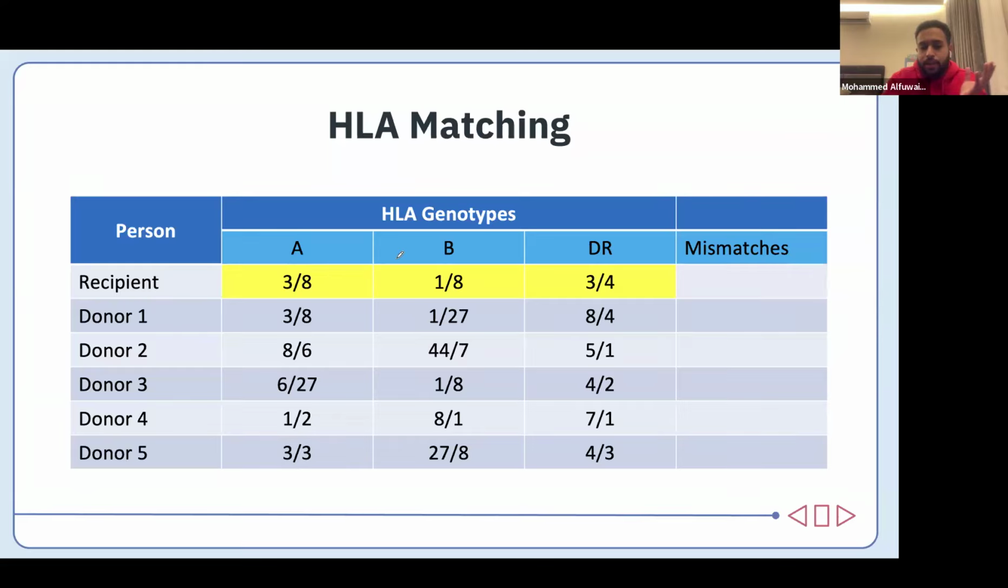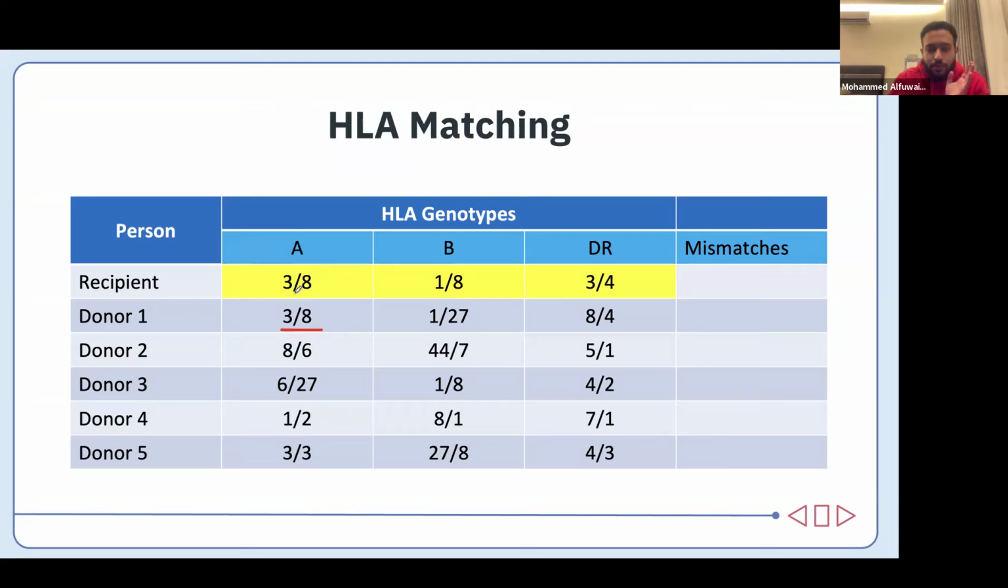Now, when you are reading the HLA genotypes in these cases, you look at the alleles. Now, it doesn't have to be in the same position. It can be identical or similar. For example, if there's 8 here and there's 8 here, we're good. If there's 3 here and 3 here, we're good. So in this A genotype, is there a mismatch? Yes or no?